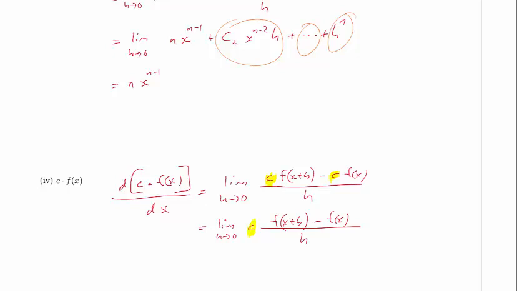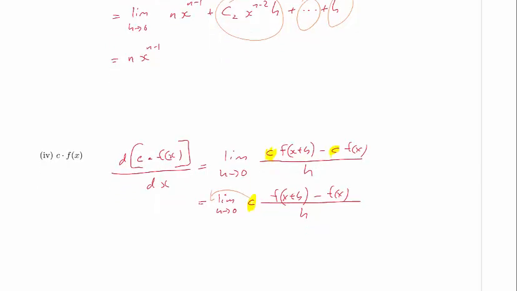And note that this c, it doesn't care what h is doing, so we can pull this guy even out of the limit, so that we're left with c times the limit as h approaches 0 of f of x plus h minus f of x all over h.